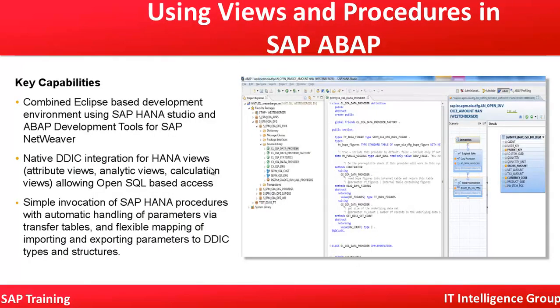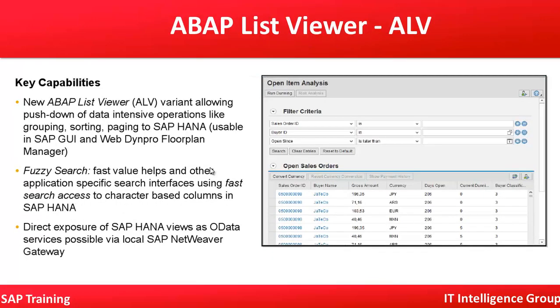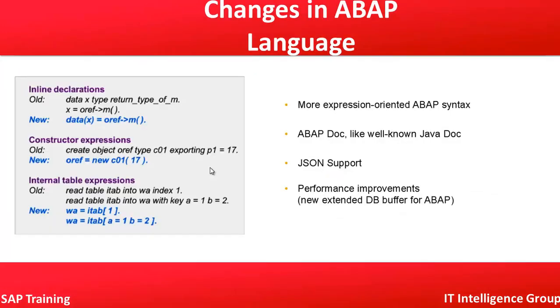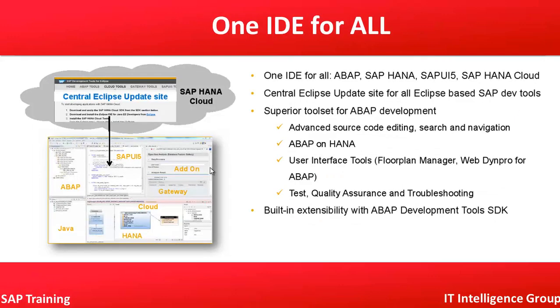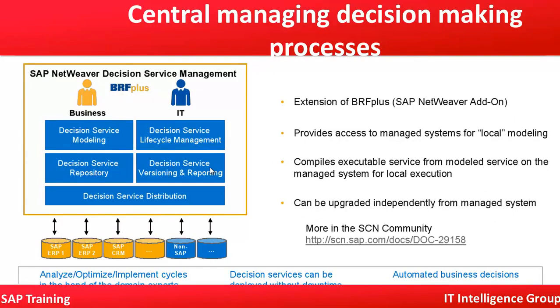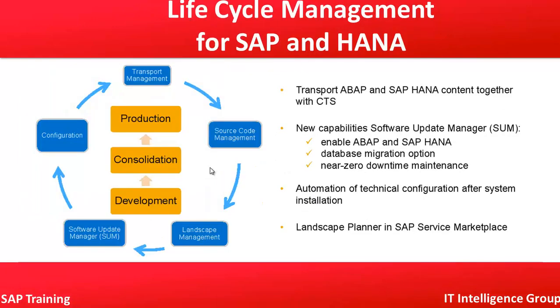We will also see different views and procedures and how you leverage them in HANA, how you create database proxies and call them in the reporting view, and what is changing in the new environment.